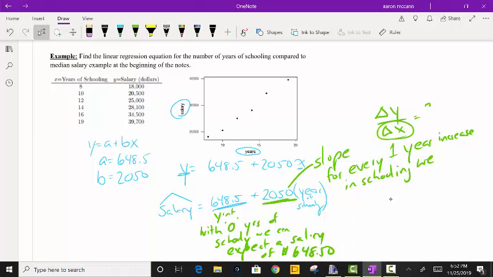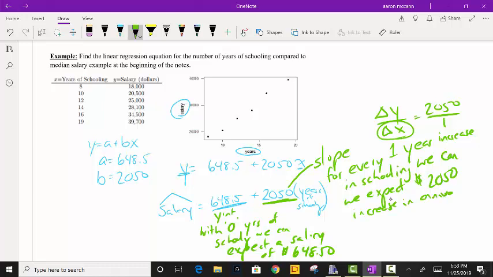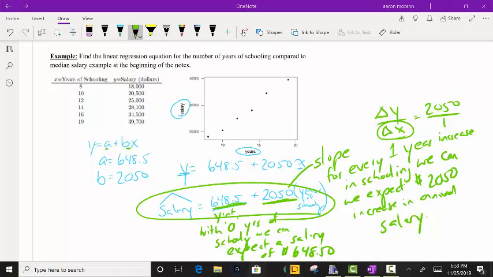So if we change this to 2050 over 1, the 1 means every 1 year increase in schooling, we can expect $2,050 increase in annual salary. Okay, so that's how we interpret the a and the b in the linear regression t-test command. It gives us not only the equation, but how we interpret it: the a being the y-intercept and the b being the slope of the line.